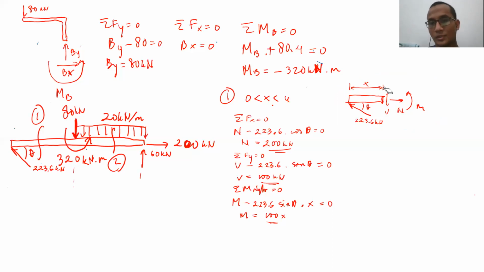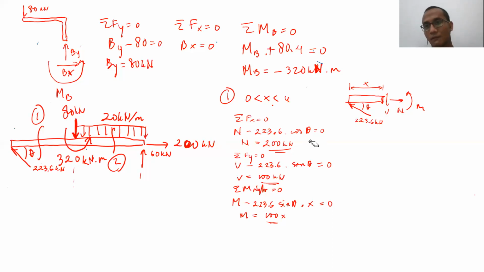Using sigma Fx equal to 0, I will be able to find the axial force value, if going to the right is positive. So N minus 223.6 cos theta equal to 0, and my normal force value, axial force value, is 200 kilonewton.